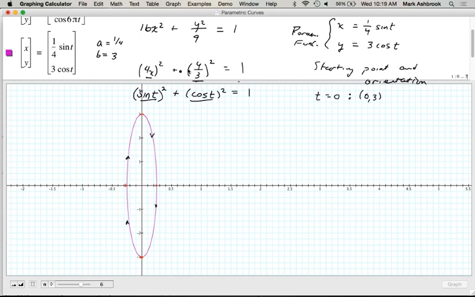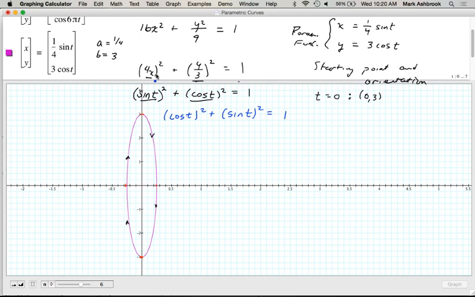When I went from this step to this step, did anyone do anything differently? Yeah, so what about cosine t squared plus sine t squared equals 1? Is that valid?